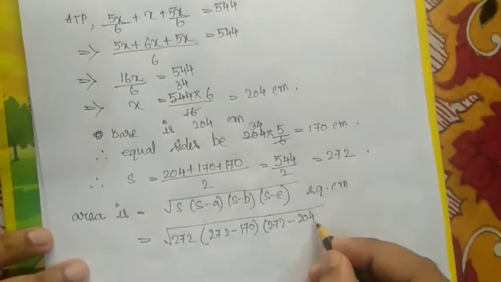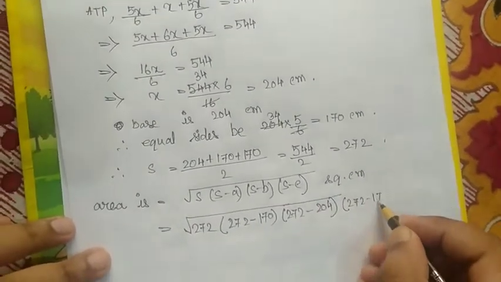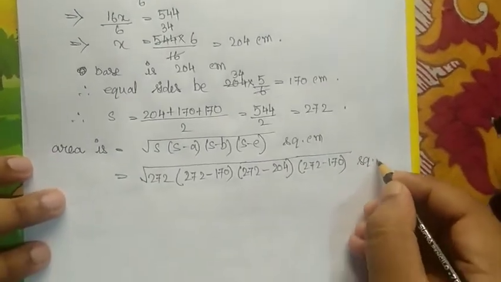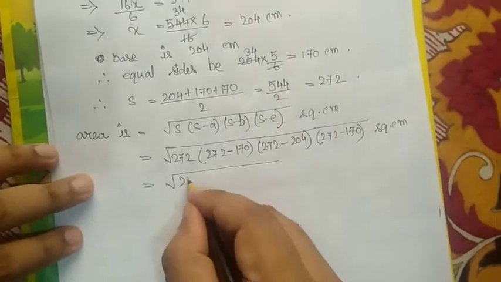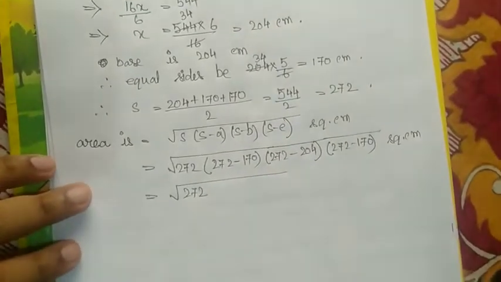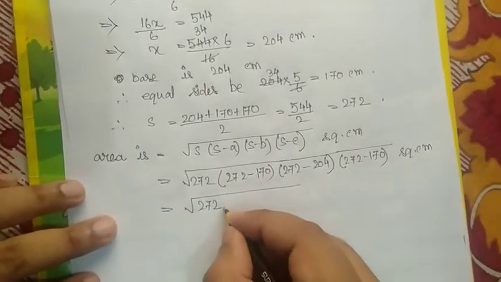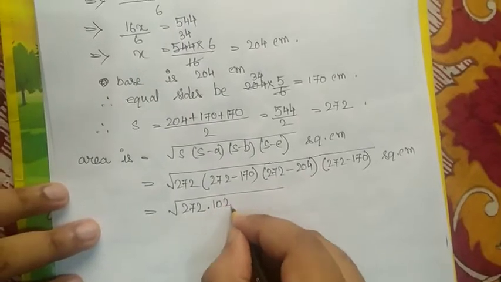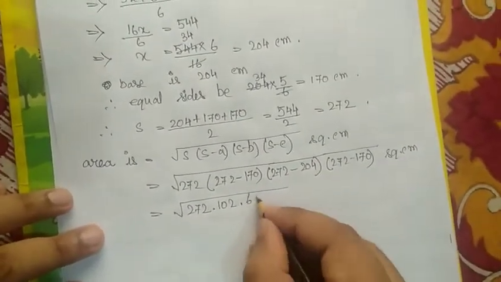So 272 minus 170 means 102. 272 minus 204 means 68.